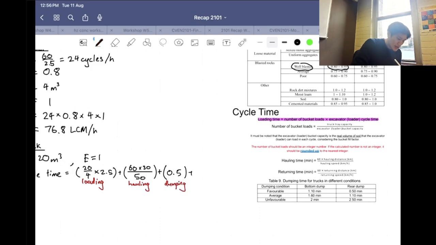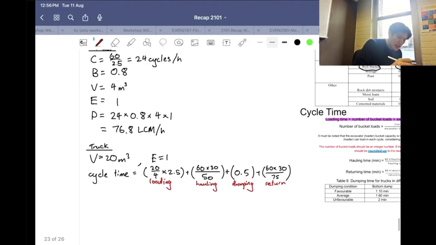And lastly, you have the return time, which is 60 times returning distance divided by the returning speed, which is 60 times 30 divided by 75. That is your return. And if you add them all together, you should get a value of 73 minutes per cycle.